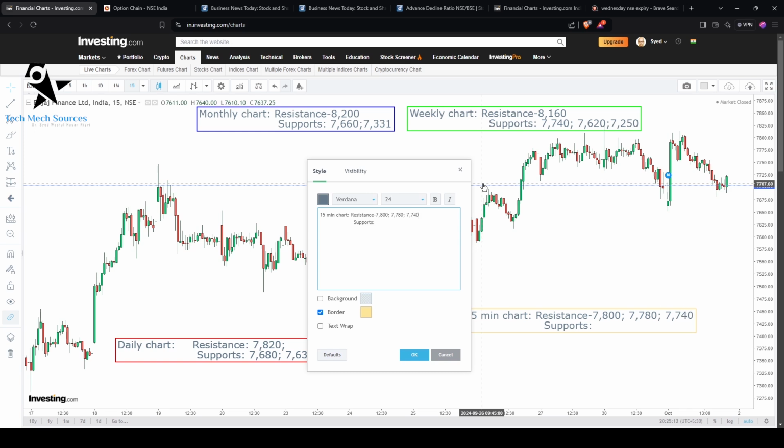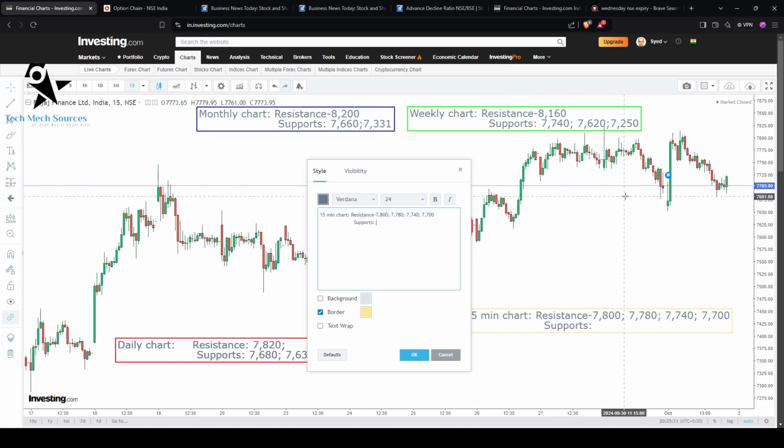Let us forget about 7,770 because that is very immediate. And the next one, 7,705. So it is again at our resistance, 7,700. Make it in bigger numbers.